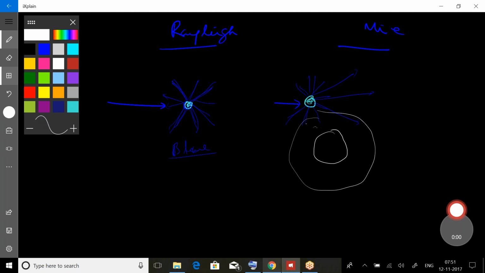If you look towards the sun, we see the large particles in the air, which do a predominant forward scatter. That is why around the sun we see the sky less blue. But when we look away from the sun, the sky looks more blue, because that is where the Rayleigh scatter is predominantly observed.